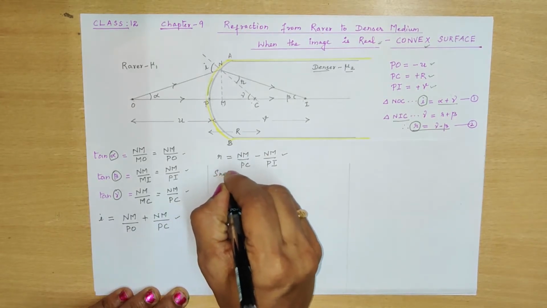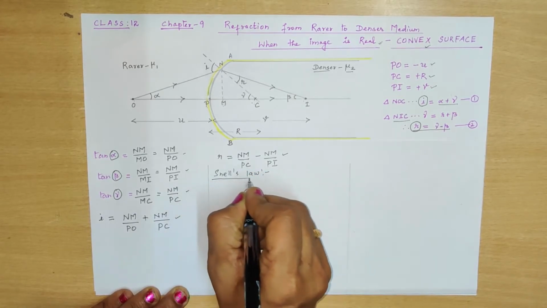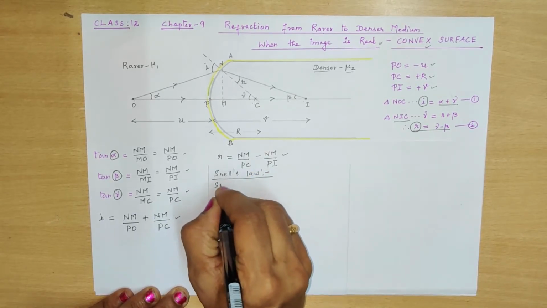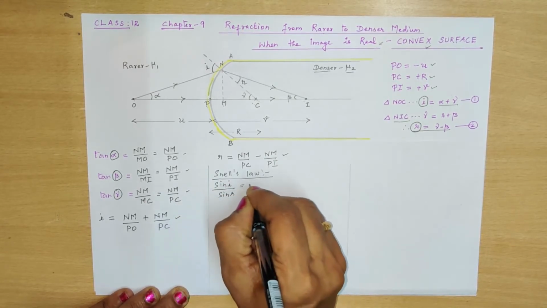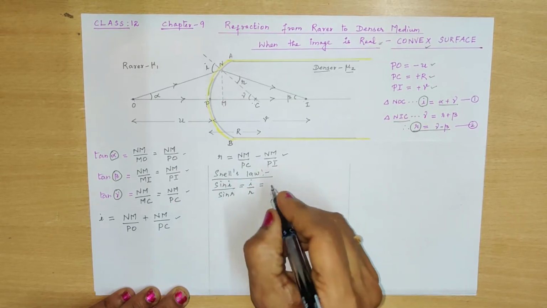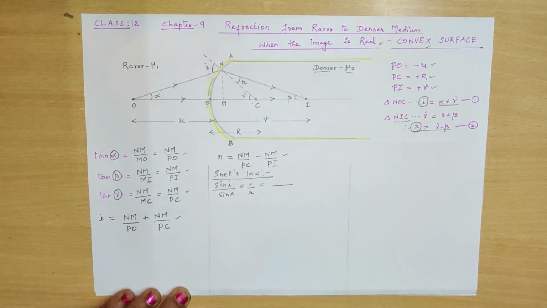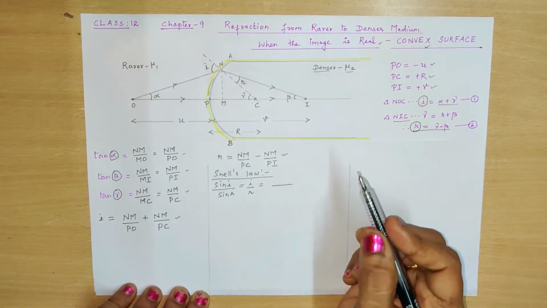Now let us proceed to Snell's law. Snell's law of refraction. According to that, we have here sin I upon sin R, that can be written for the smaller values as I by R, which can be written, we know that it is the refractive index of the medium. But here there are two media, mu1 and mu2.